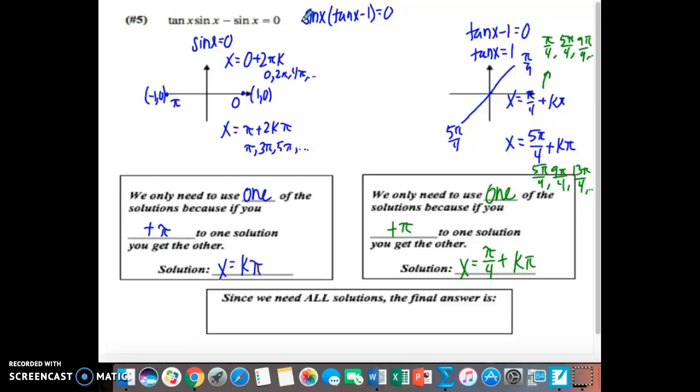So then finally, since we need all solutions of the original problem, tangent of x times sine of x minus sine of x equals 0, the final answer is x equals k pi, and x equals pi over 4 plus k pi.